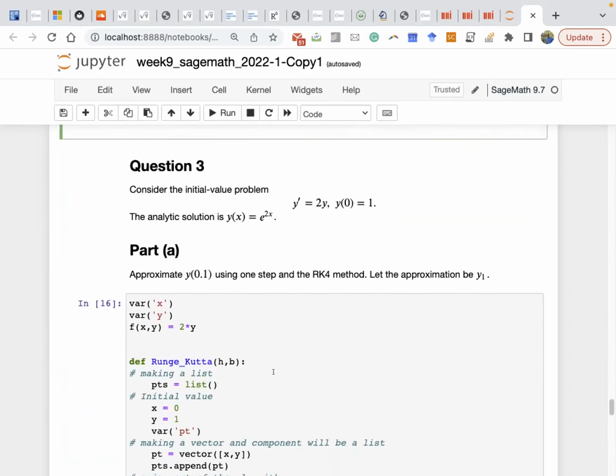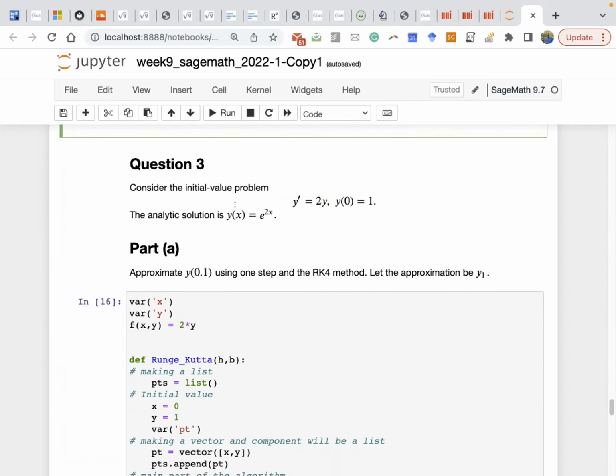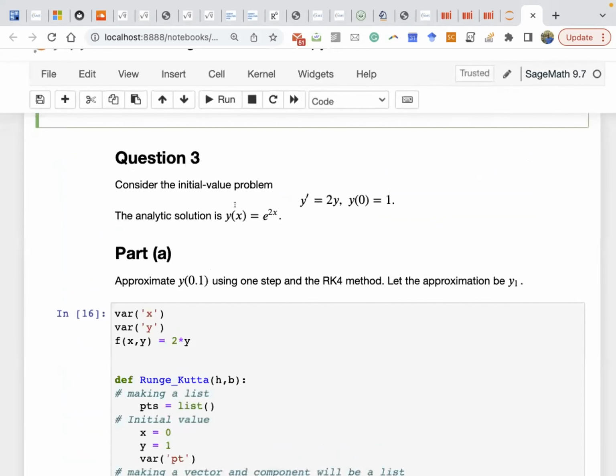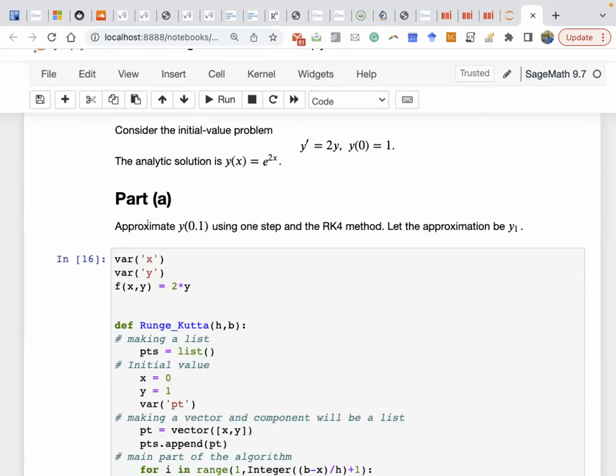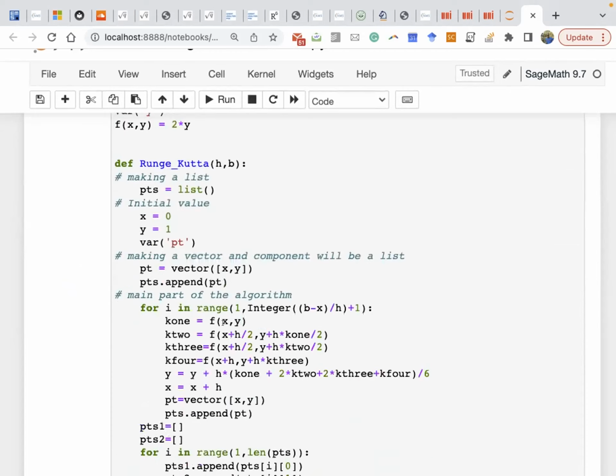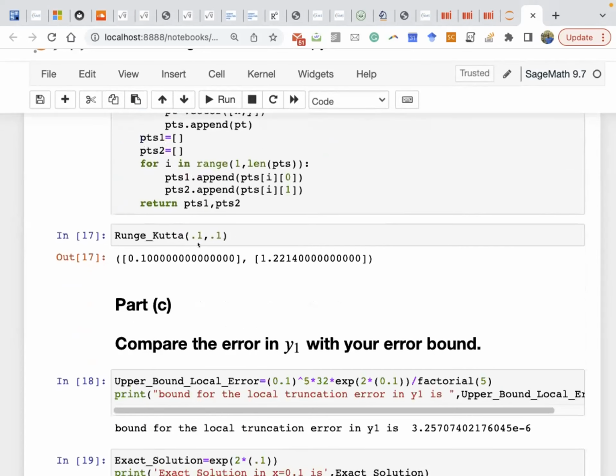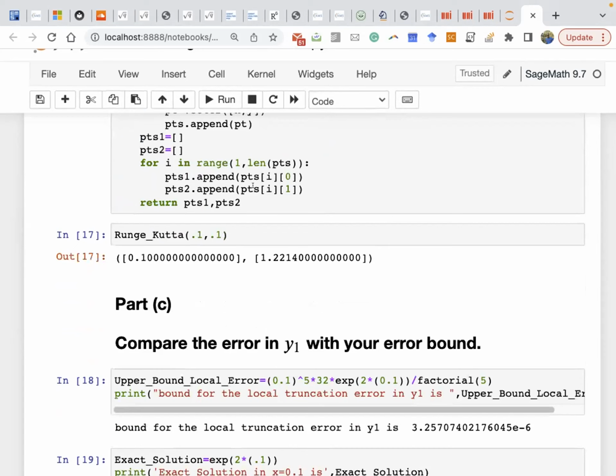Question 3. So the analytic solution is this guy, okay. Y prime of 2y, initial condition. Part A, approximate y of 1.5, 1 step size. Runge-Kutta again, this guy here. So you don't have to write Runge-Kutta over and over.